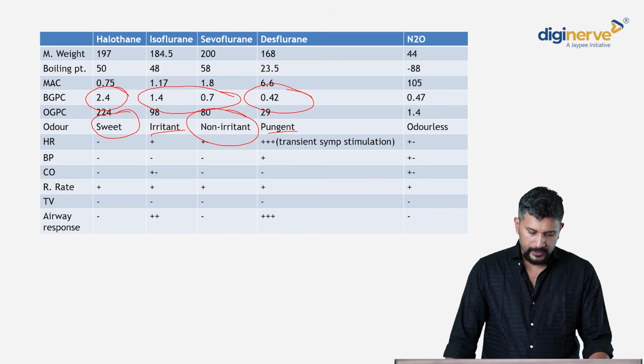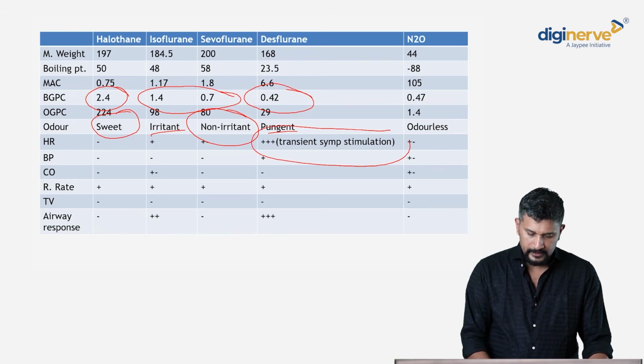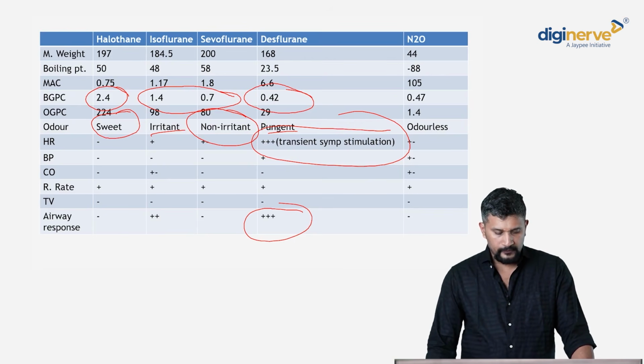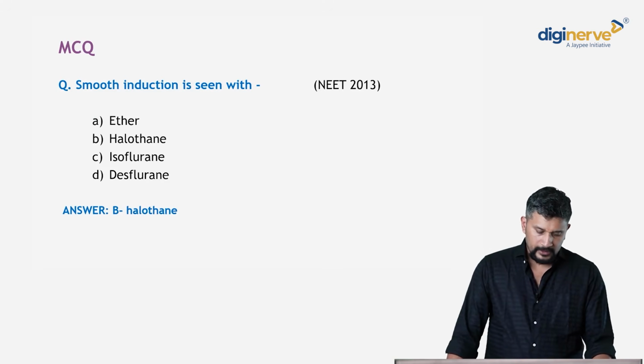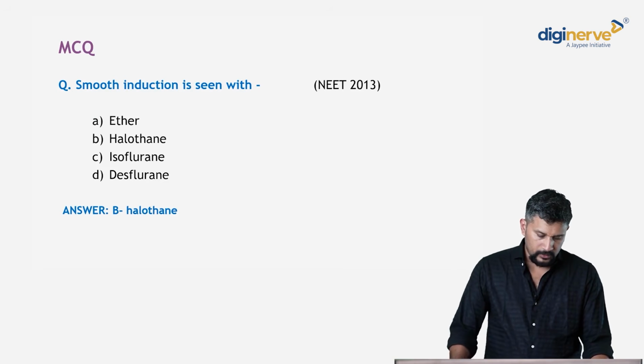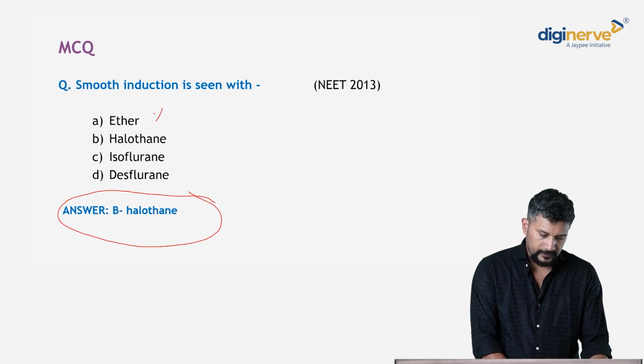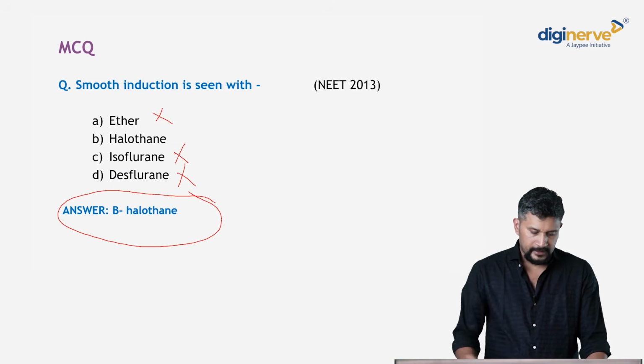Isoflurane and sevoflurane are somewhere in between. Again, please do remember that desflurane causes transient sympathetic stimulation and the airway reactivity is the most with desflurane.